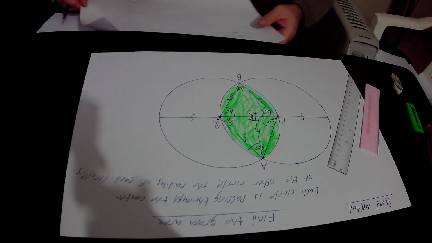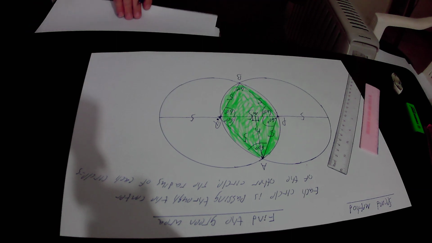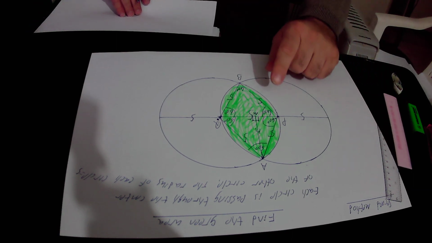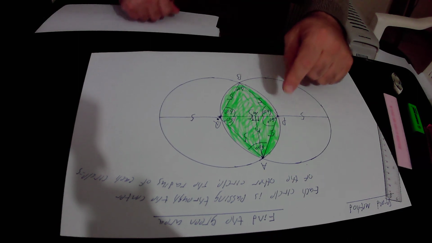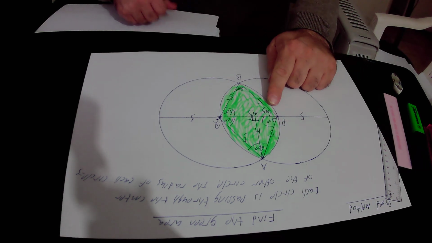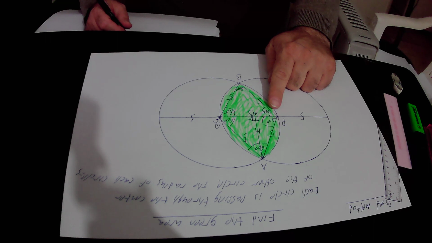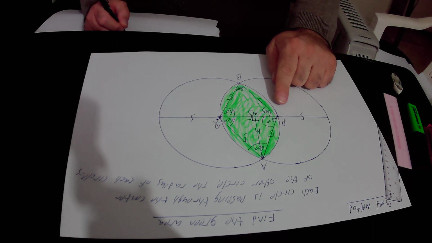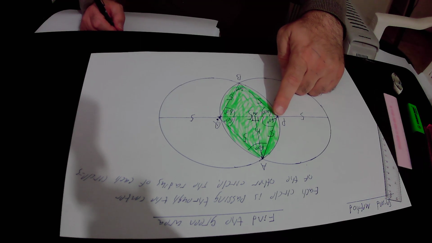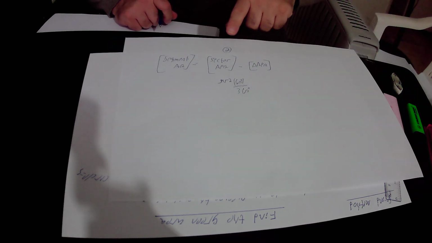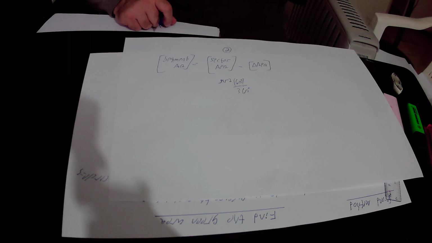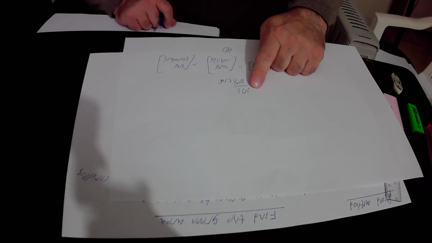The area of sector APQ equals pi r square times 60 degrees over 360 degrees.